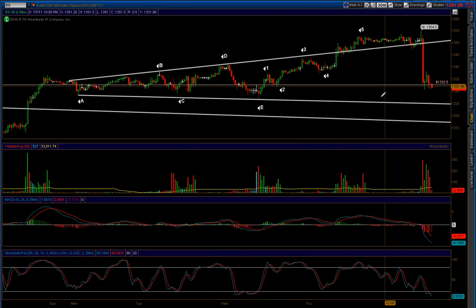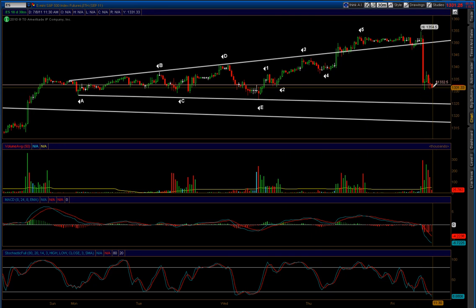So there's a fight between those two, bulls and bears. So now what we're doing is backtesting the middle of this range.